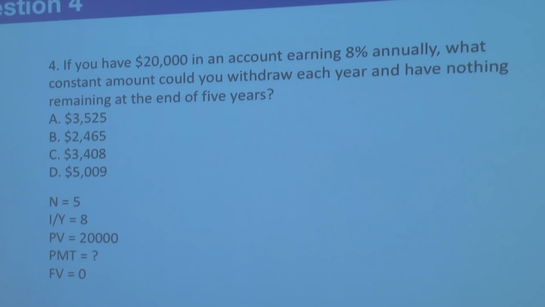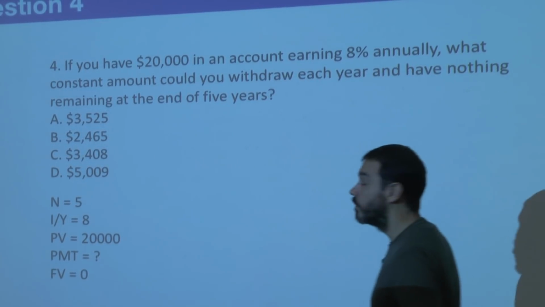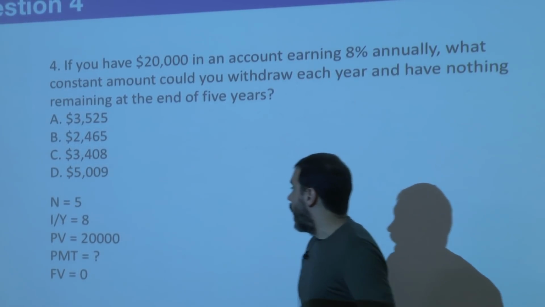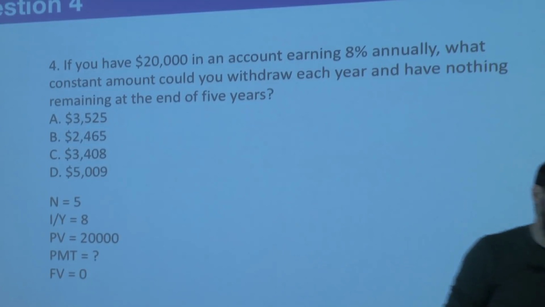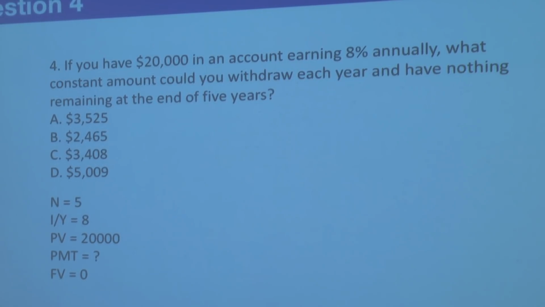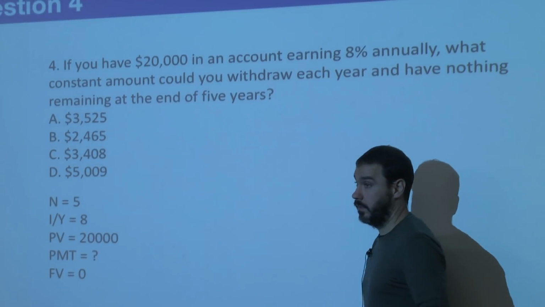Okay? Yep. So in this case, both PV and FV are positive? FV is 0. When you solve for it, let's see, what do you think? Do you think the PMT will be positive or negative? It will be negative, right?